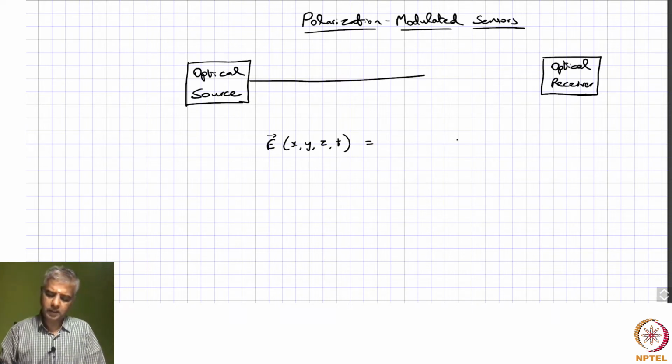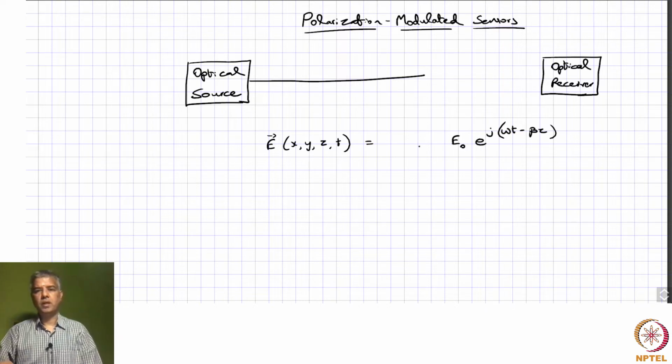We said it has a certain amplitude, and then you have an e power j(omega t minus beta z) term. So omega corresponds to the angular frequency, and beta z corresponds to the propagation phase. And now we are ready to look at this other aspect, which is the polarization of the light.